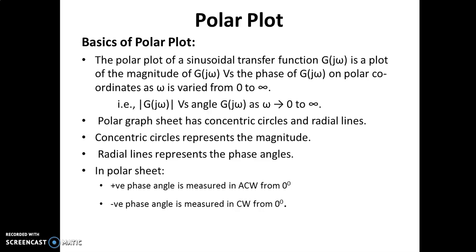Concentric circles represent the magnitude and radial lines represent the phase angles. You already know clockwise and anti-clockwise, measured from 0. If it is anti-clockwise, it is treated as a positive phase angle. If it is clockwise, it is treated as a negative phase angle from 0 degrees.